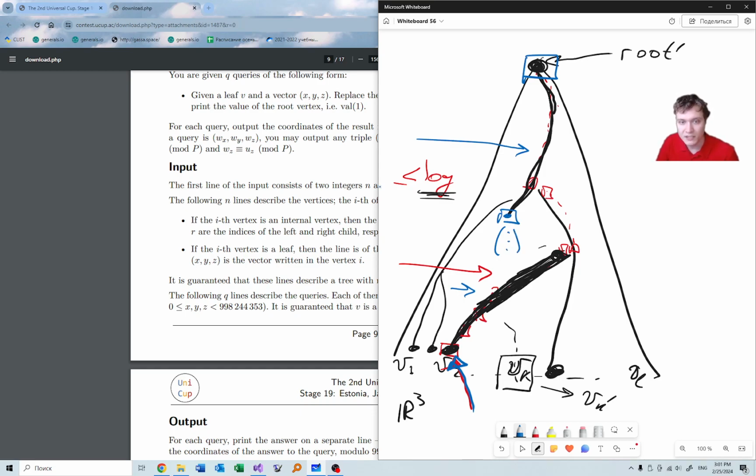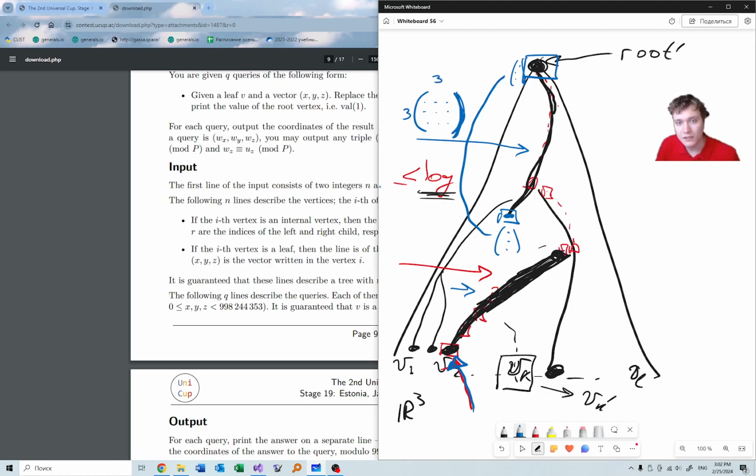So we need to store a function from vectors to vectors which corresponds to what happens from the lower point of the path to the upper point of the path. We cannot store any arbitrary function, but this function is actually linear, so it is just a linear mapping, which can be stored as a matrix 3 by 3. So we store a matrix.